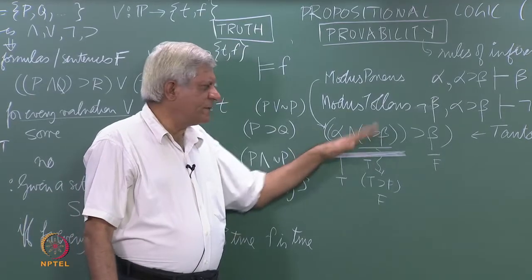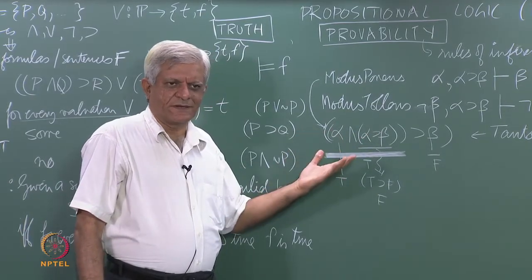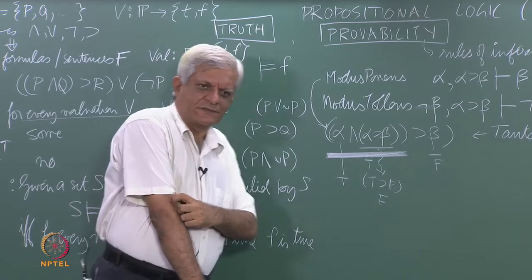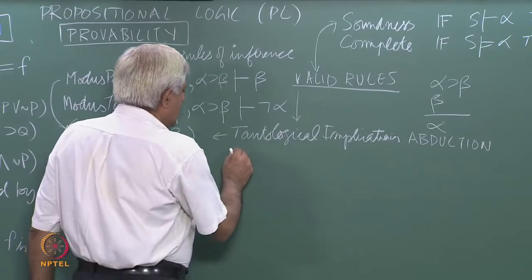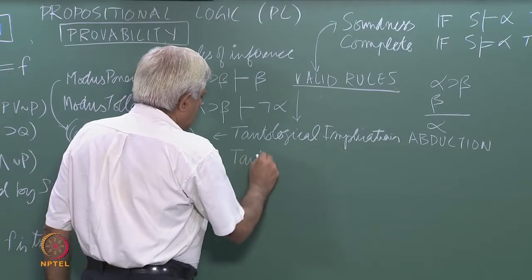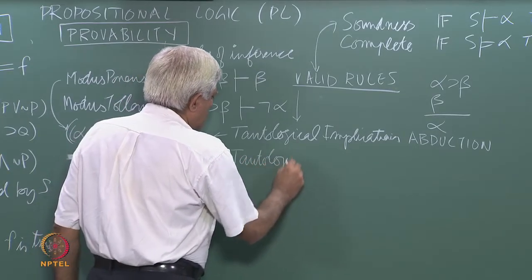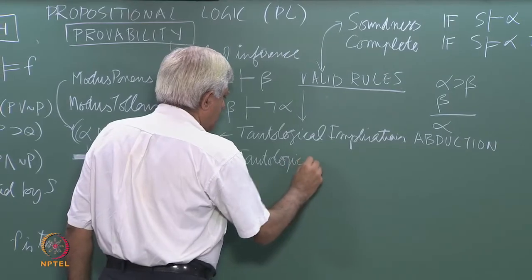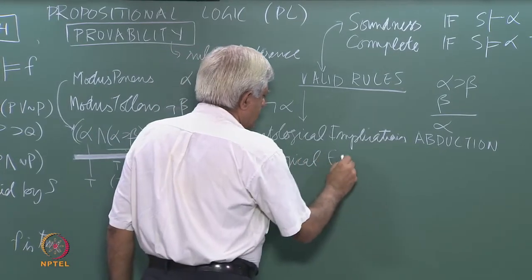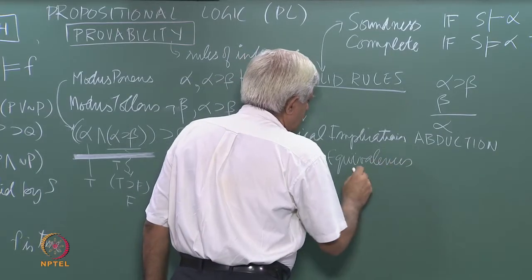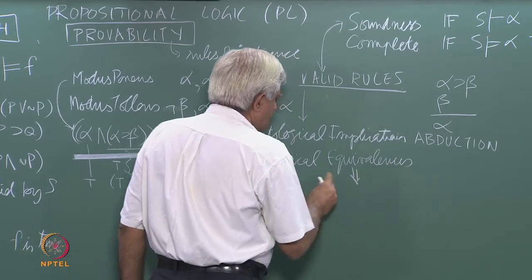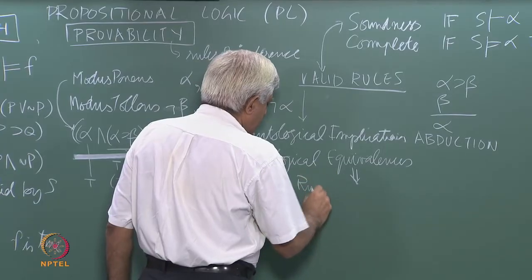As a small exercise, maybe you should construct the truth table for this and see that this is indeed a tautology. Now, there are other kinds of rules of inference which are based on tautological equivalences, and they give rise to rules of substitution.